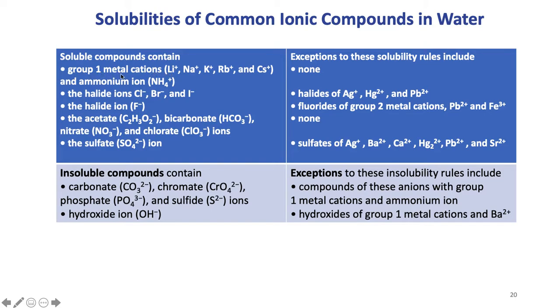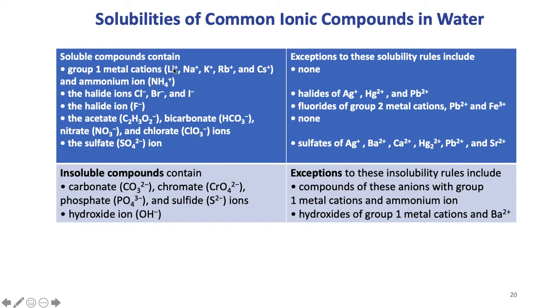Group 1 metal cations, so lithium, sodium, potassium, rubidium, cesium, etc., and ammonium ions, so compounds that contain these positive ions, are always soluble, always. There is no exception to that rule.